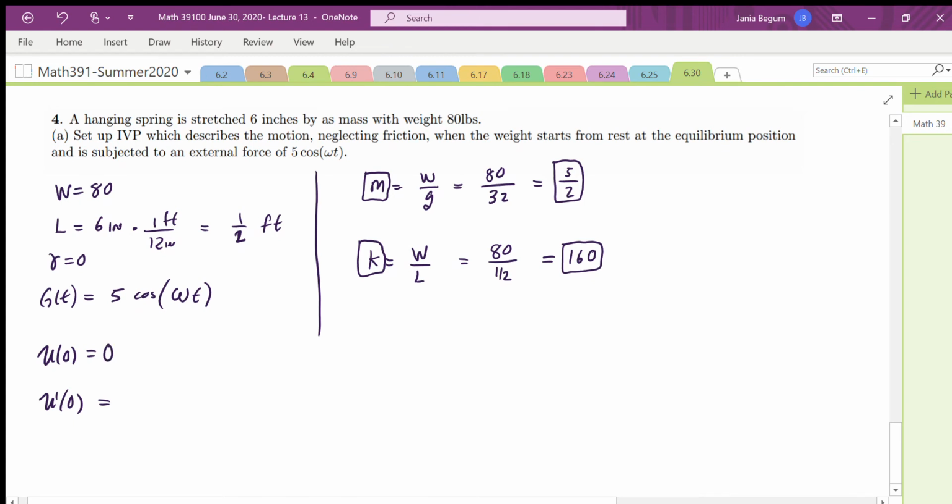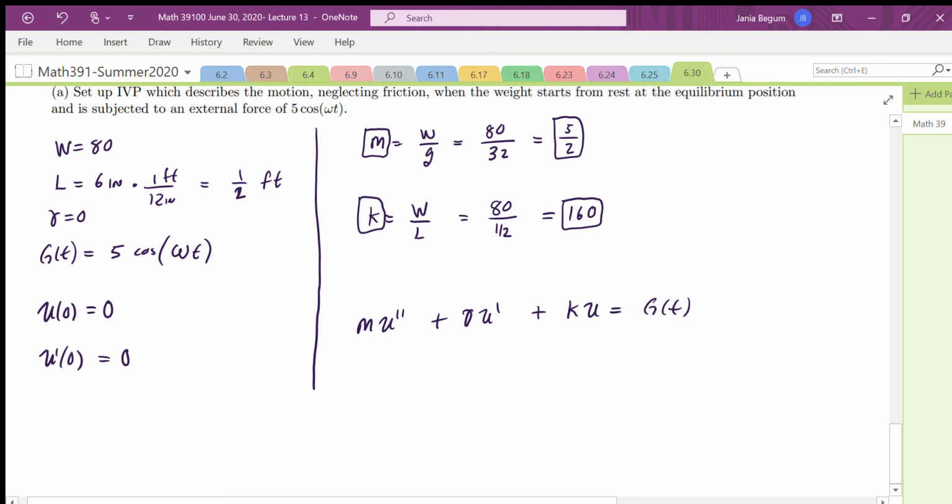And what about initial velocity? Yep. Okay, so we have our differential equation. We have m times u double prime plus gamma times u prime plus k times u equals g of t. And m we computed to be 5 over 2, u double prime, plus gamma, which is 0, so we don't need the second term.